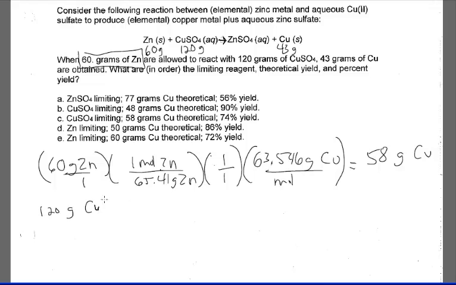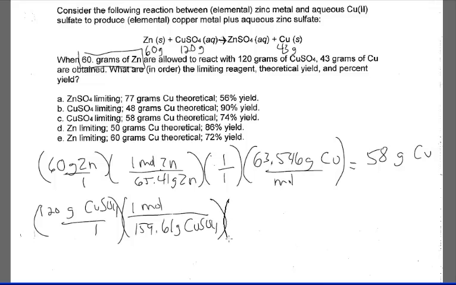All right, let's do it with the copper sulfate, assuming it's limiting. 120 grams of copper sulfate. Convert that to moles with the molar mass of copper sulfate. And the mole ratio there is also 1-to-1. And then we use, again, the mass of copper to get grams of copper.